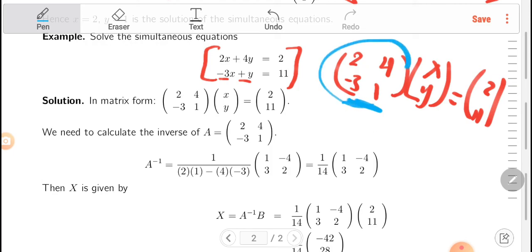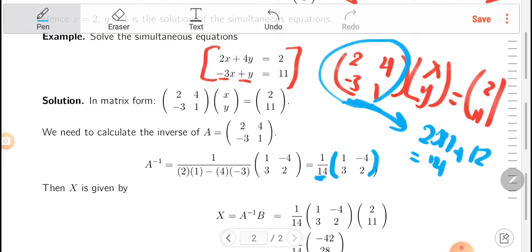For the multiplicative inverse, multiply 2 by 1 minus 4 by negative 3, which is 12, so it becomes 14. So it becomes 1 over 14. And rewrite the positions of this matrix: 2, 1 becomes 1, 2. 4 becomes negative 4. Negative 3 becomes positive 3.